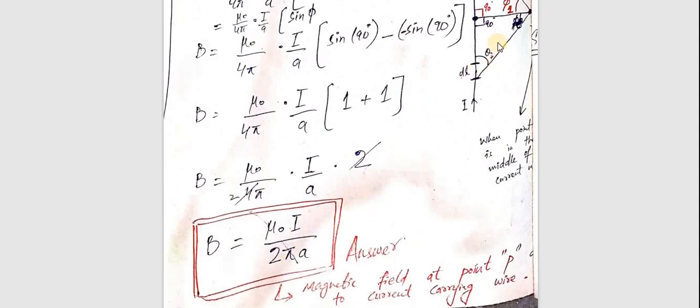Applying θ2 equal to 0 in this equation, sin 0 gives us 0, and minus sin of minus 90 will be 1. So minus will be plus and this will be 1. Under such a condition we will have the magnetic field equal to μ0 I divided by 4π a, right?